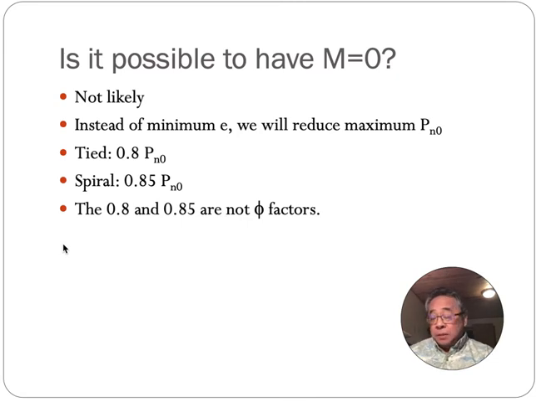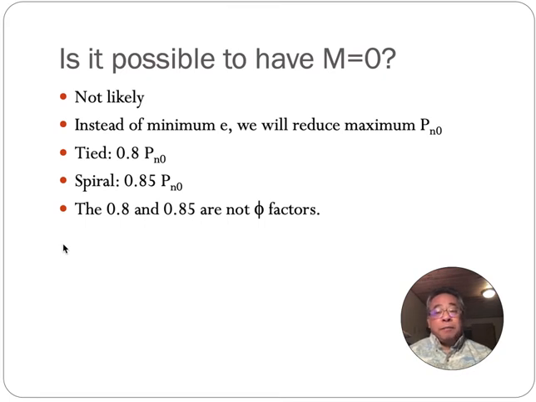What we're going to do is for tied columns, we'll take 20% off the top, okay, so 0.8 Pn0. And for spiral columns which perform better, we're going to take 15% off the top, or 0.85 Pn0. This 0.8 and 0.85 are not the phi factors. You remember those were 0.75 and 0.6.